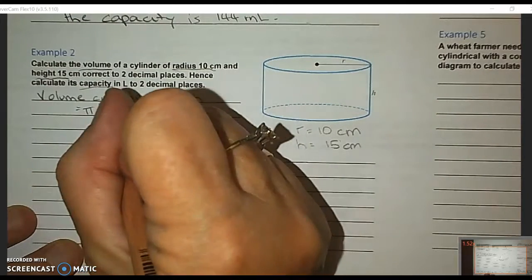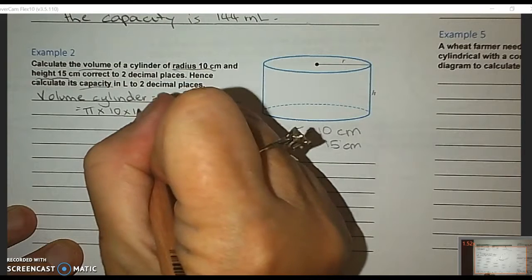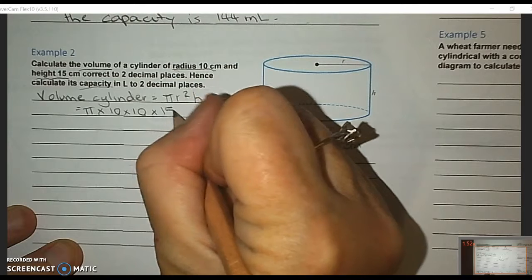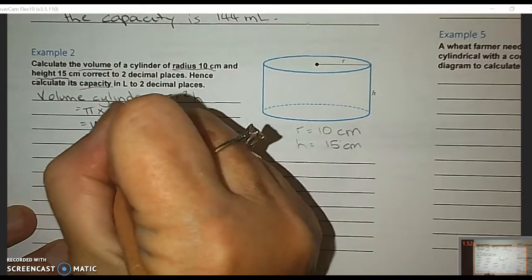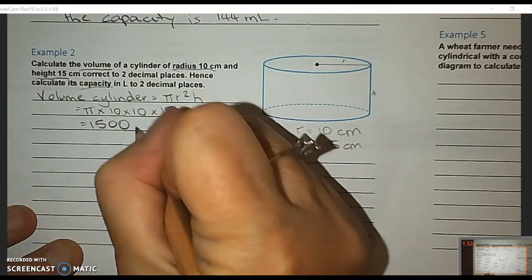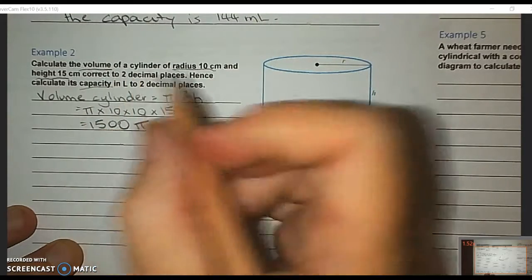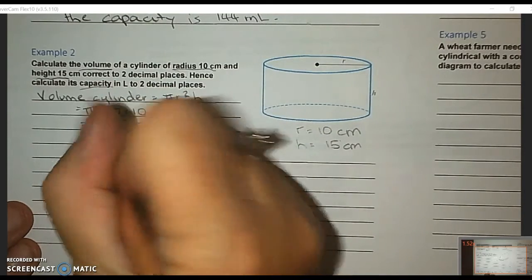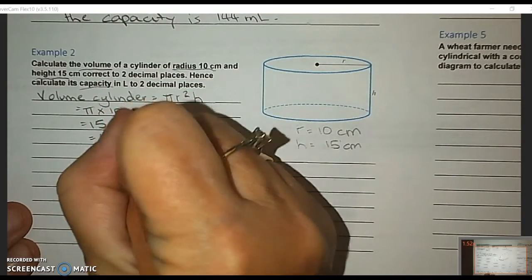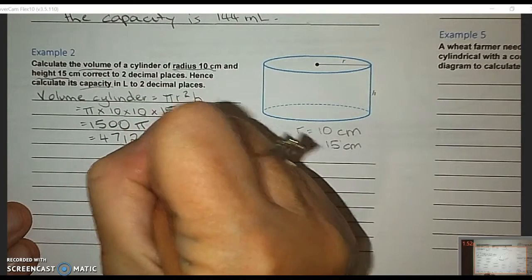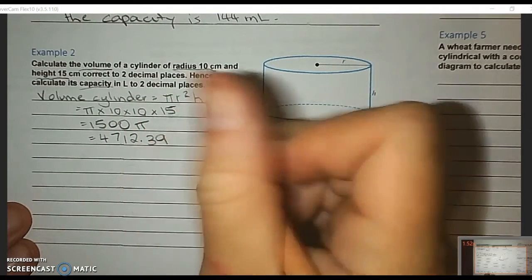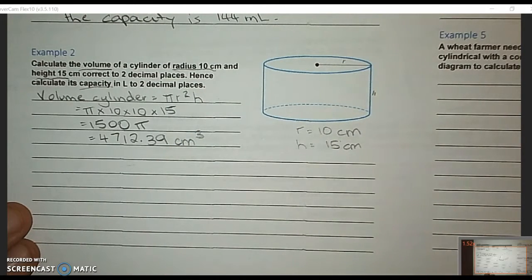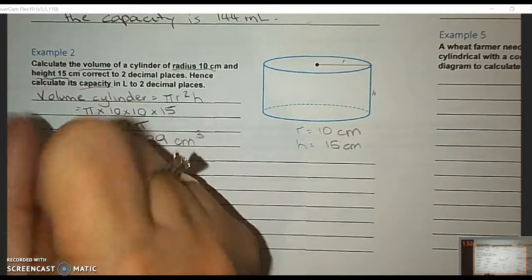R is 10, so pi times 10 times 10 times 15. 1,500 pi which is 4,712.39 centimeters cubed. So now we have to work out the capacity.